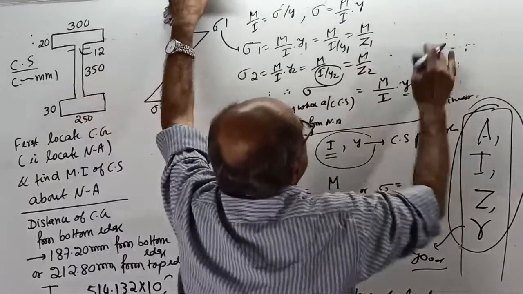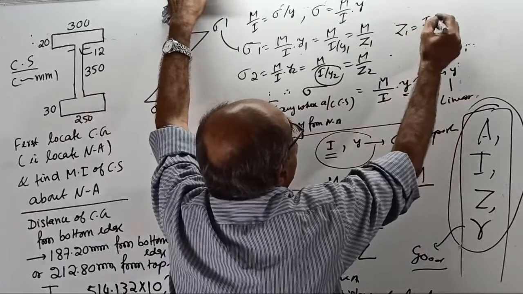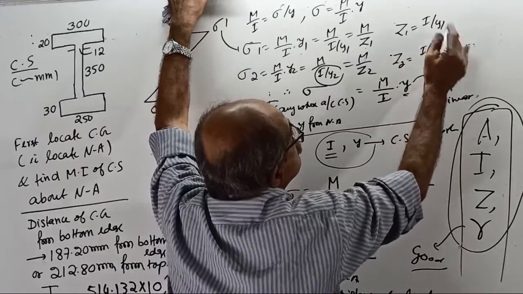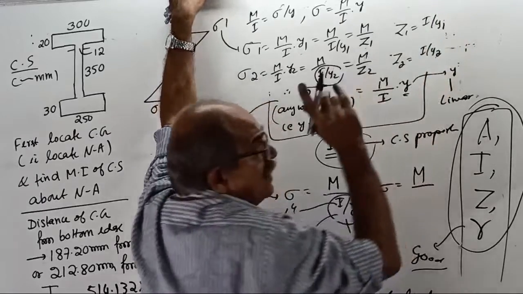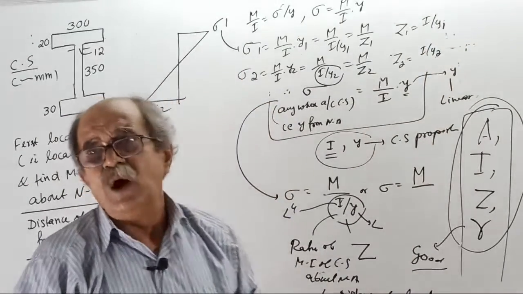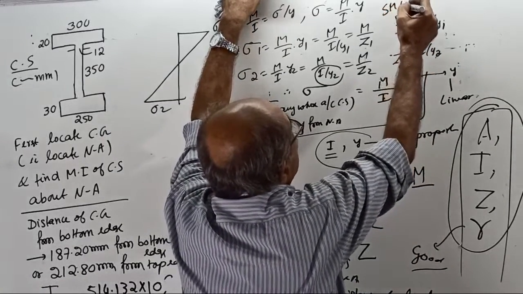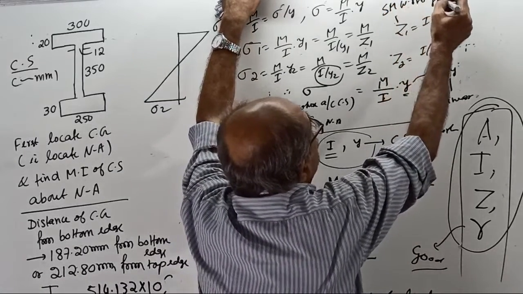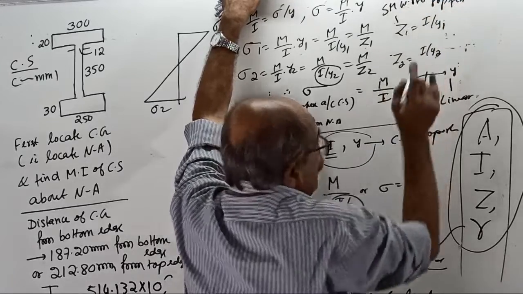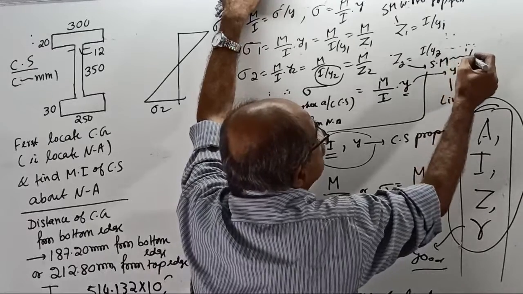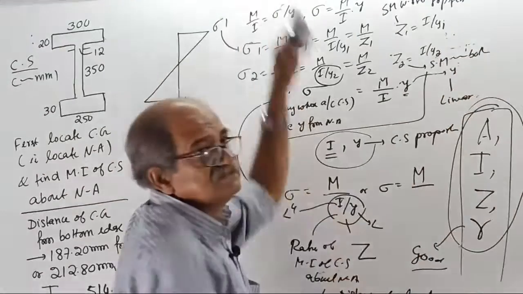Here, Z1 is I by Y1, Z2 is I by Y2. Clear now? Z1 is section modulus with respect to top fiber stress. And once again, Z2 is section modulus with respect to bottom fiber stress.